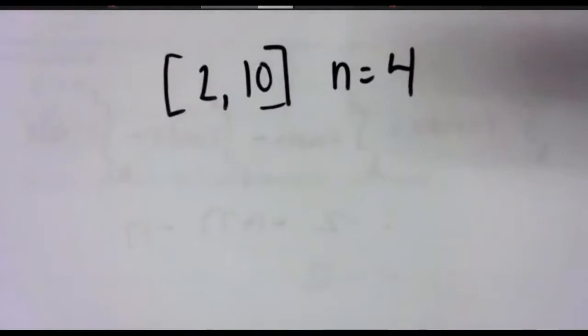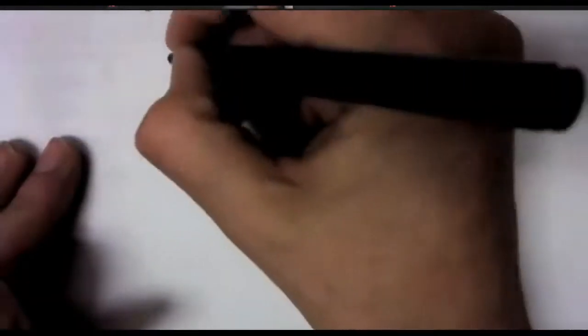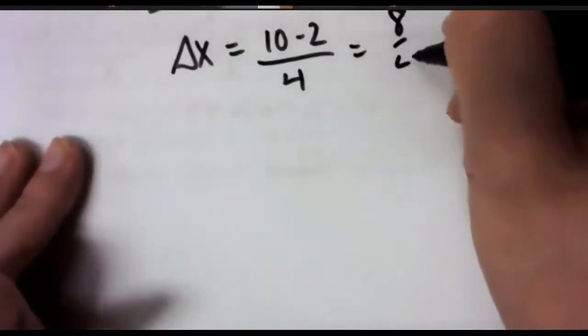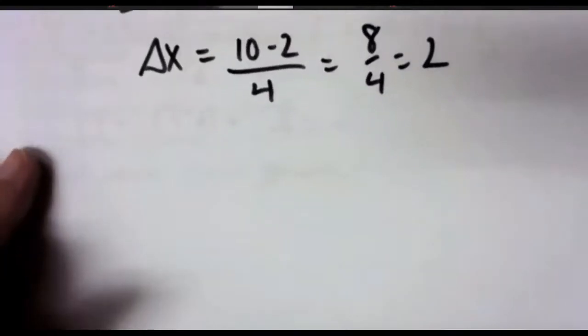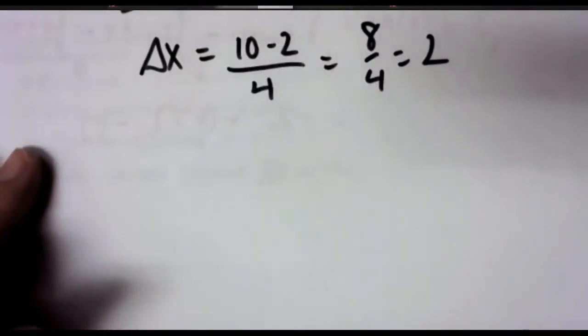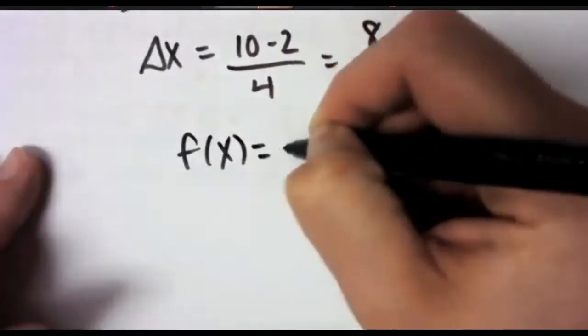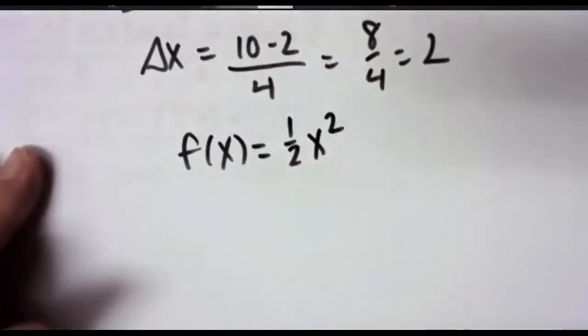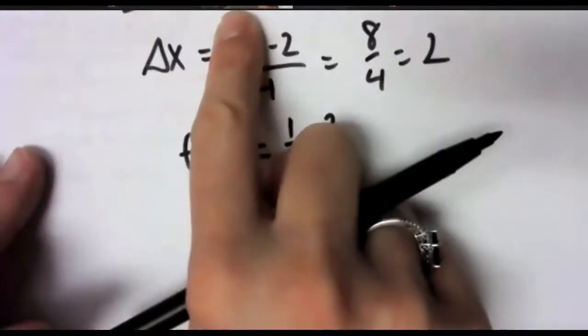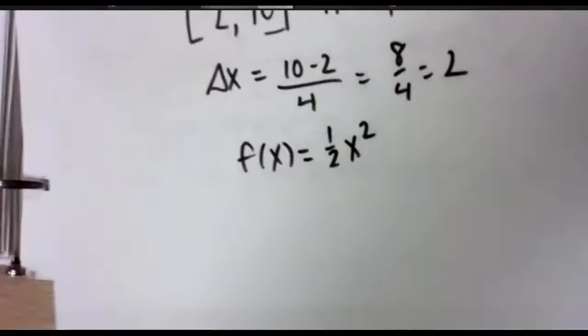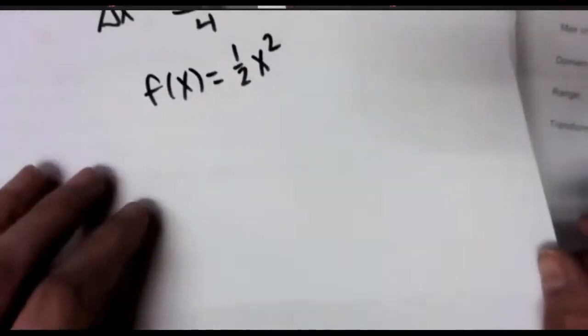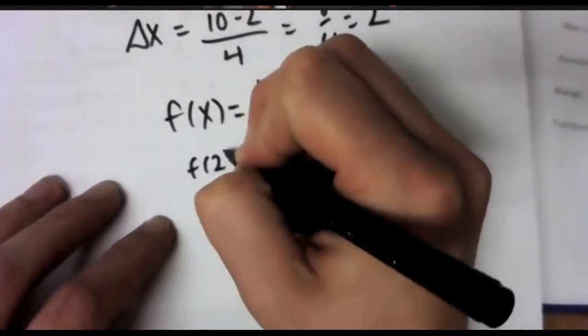So if your interval was from 2 to 10 and you have n equals 4, then you have to find your delta x, which is 10 minus 2 over 4. So you get 8 over 4, which is 2. So my delta x is equal to 2. So if my function is 1/2 x squared, and my bounds are 2 to 10, then if I'm doing a left Riemann sum, I have to do f of 2.